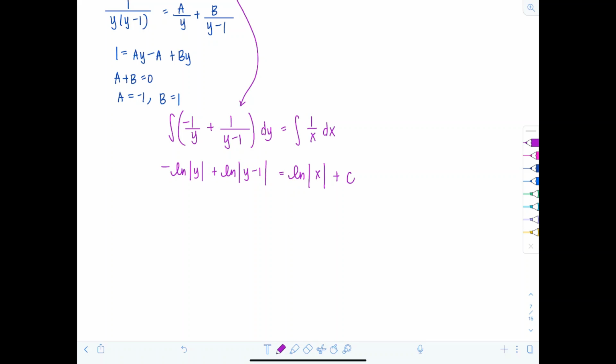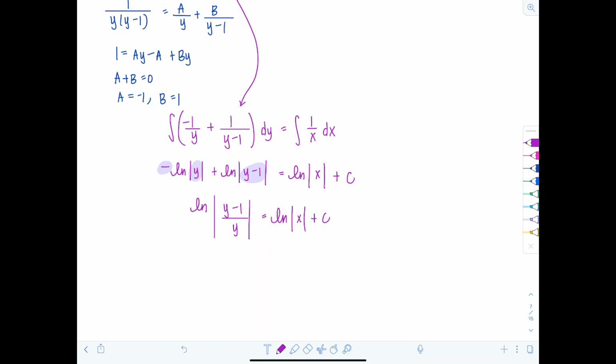Okay, can I solve for y? I sure can. So I'm going to use my logarithm properties and combine these two into a single logarithm. Think of it. The logarithms are being subtracted. So I could write this as natural log of y minus 1 over y, right? Equals natural log of x plus c.